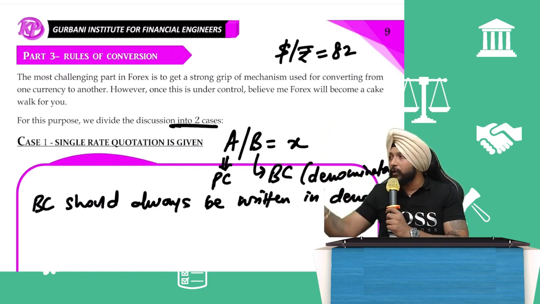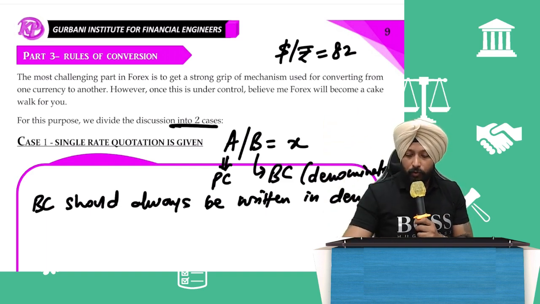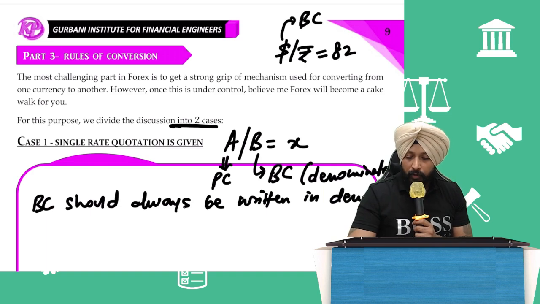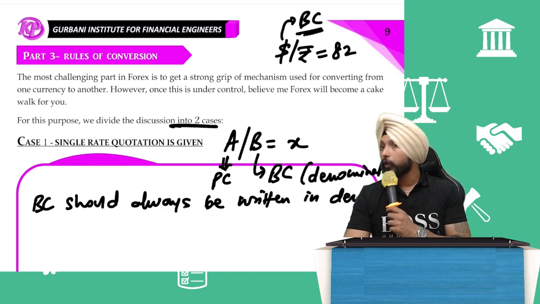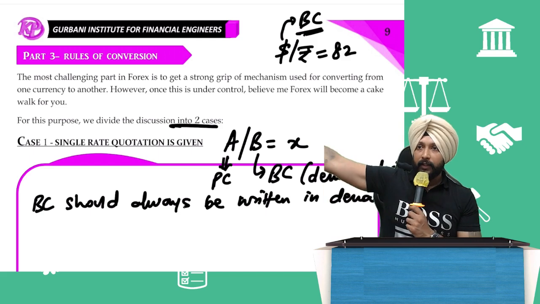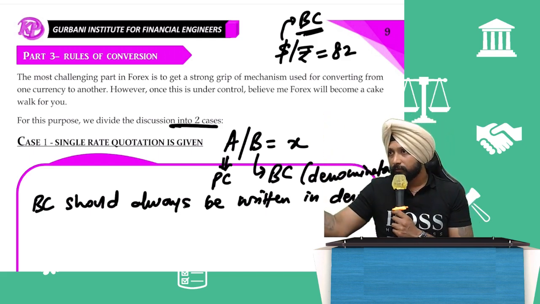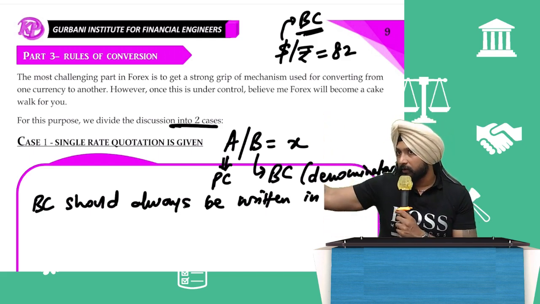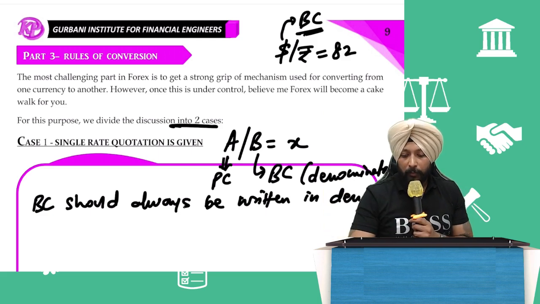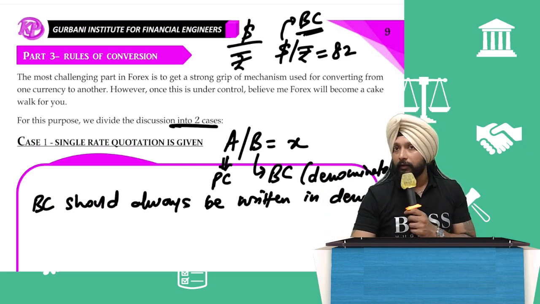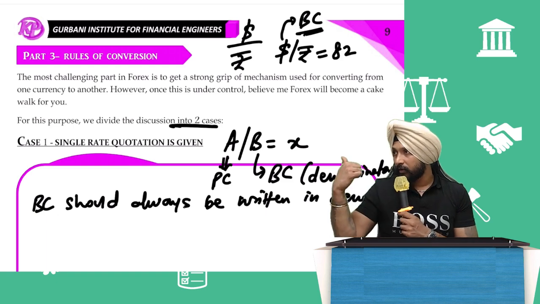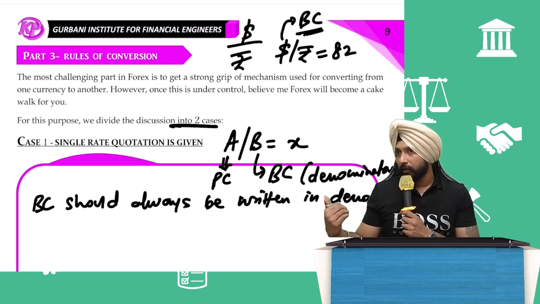So you immediately look at this currency quotation and say, oh, I understood what they have done. I got it. They have written the base currency in the numerator. It is dollar by rupee: one numerator, one denominator. When they say dollar per rupee, think of it like this: dollar by rupee. They have written dollar in the numerator and rupee in the denominator.